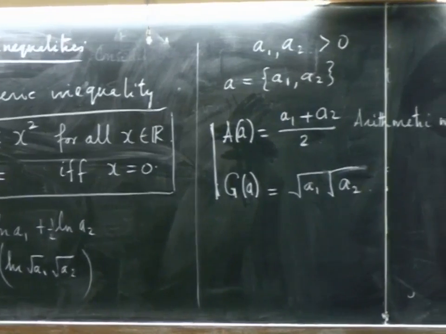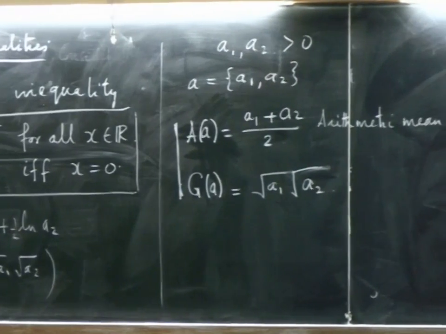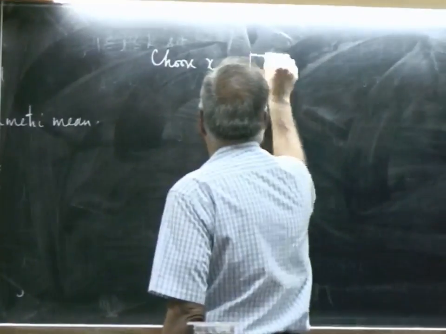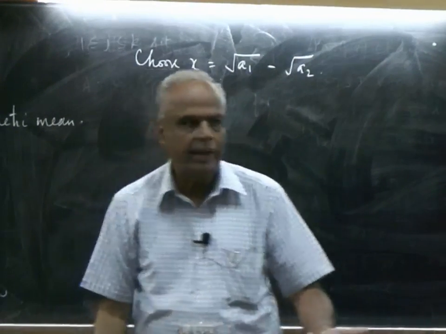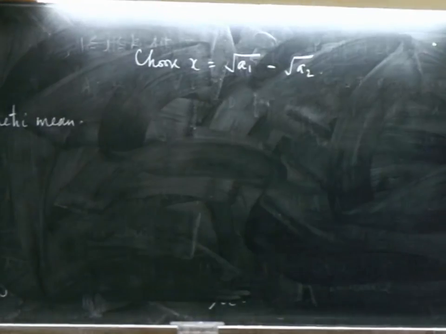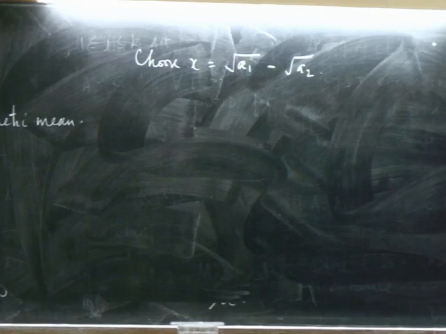Now, you see, I choose x to be square root of a1. Whenever I say square root, I always mean the non-negative square root, okay, always the non-negative square root. So, look at square root of a1 minus square root of a2, take that to be x.